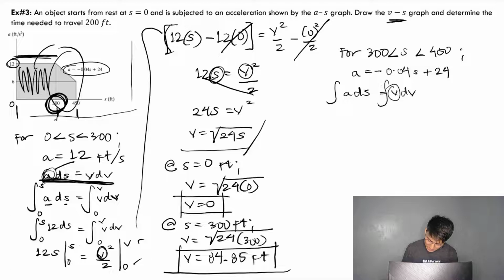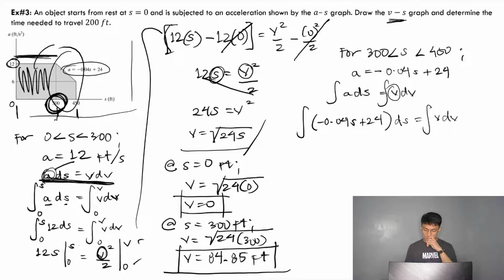Integrate, and now, substituting the value of the acceleration, the equation becomes negative 0.04 S plus 24, ds is equal to V dV.